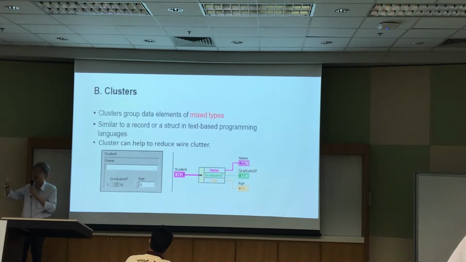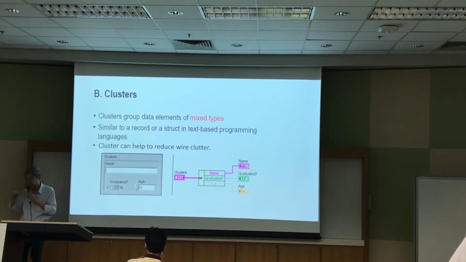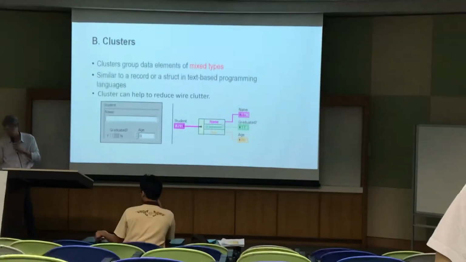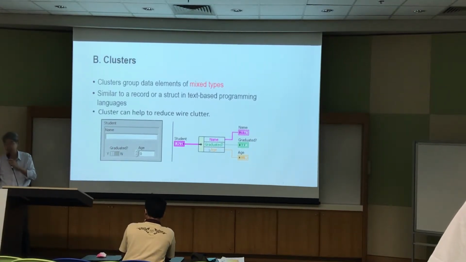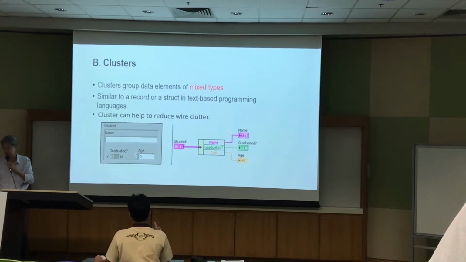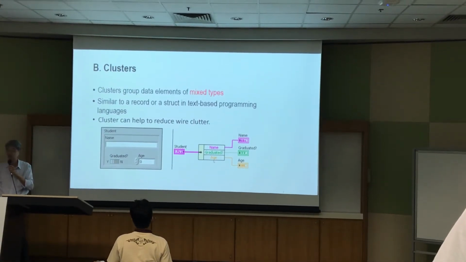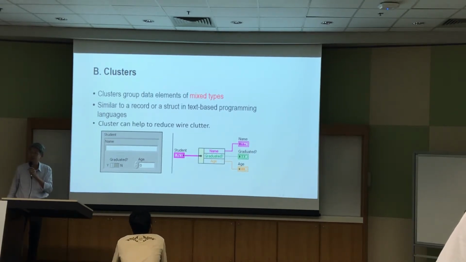You cannot have all different types mixed into the same array. You can't. Alright? But if you need that kind of situation, which is very common, for example a student's particulars, easily you can see 3 different types down here: name, graduated or not, and age, all different types. And so a cluster becomes very handy.